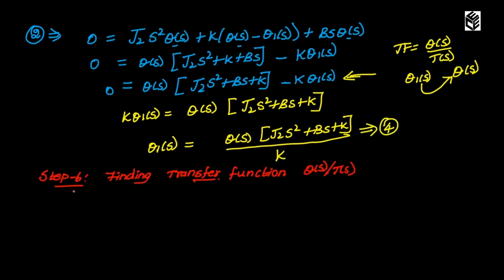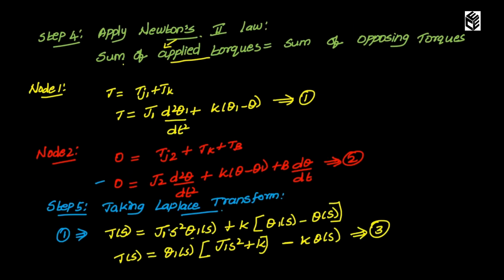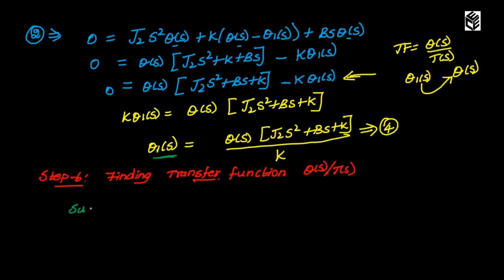Our step 6 is we need to find the transfer function theta of s by T of s. In order to find the transfer function, I am going to apply the value of theta 1 of s in the T of s equation, which means substituting equation 4 in 3.